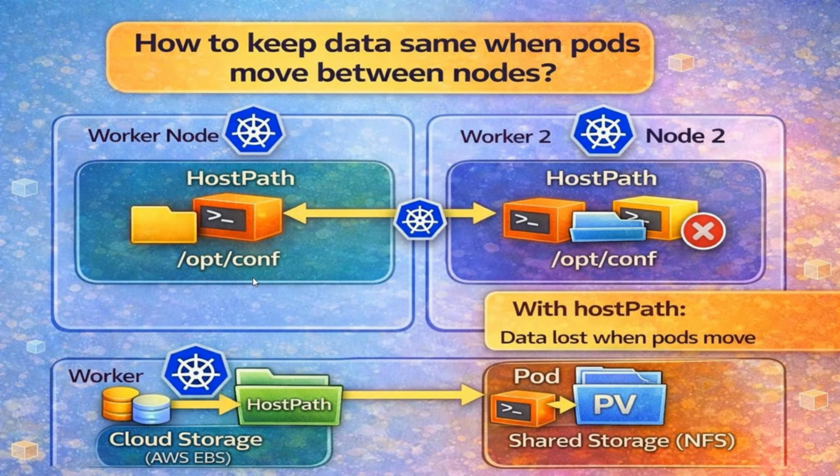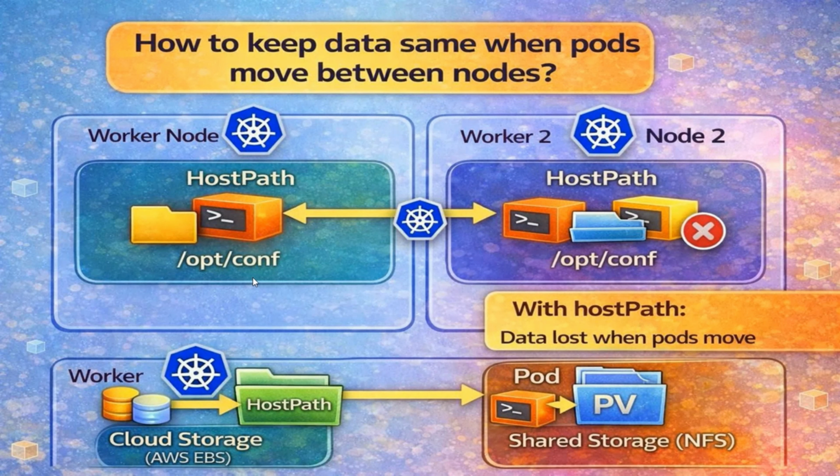Now think about real applications like databases, user uploads, logs, and container configuration files. This data should not care which node the pod runs on, how many times the pod gets restarted, or which container instance is currently alive.